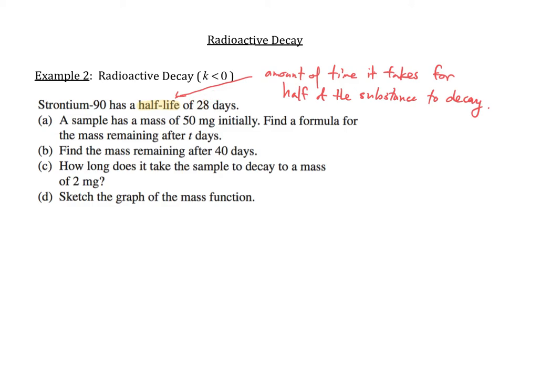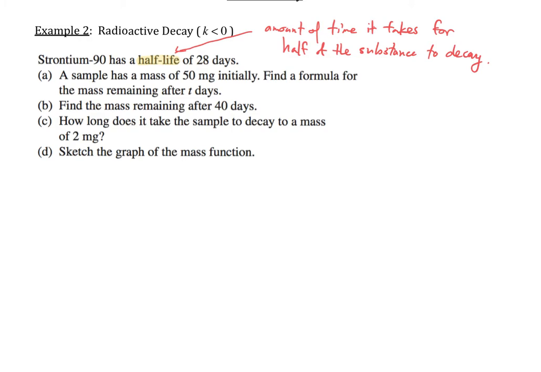Let's take a look at example 2, part A. A sample has a mass of 50 milligrams initially. Find a formula for the mass remaining after t days. So when we look at this particular example, we know that the general solution to our differential equation is going to be P of t is equal to C times e to the kt.